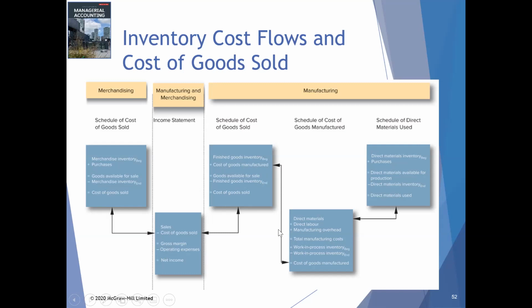Then the next point is the cost of goods manufactured. How can we come to know about the cost of goods manufactured? Direct material plus direct labor plus manufacturing overhead is equal to total manufacturing cost, plus work in progress inventory at the beginning, minus work in progress inventory at the end, is the cost of goods manufactured. And a schedule for direct material used: direct material at the beginning plus purchase, minus direct material at the end, is the direct material used.